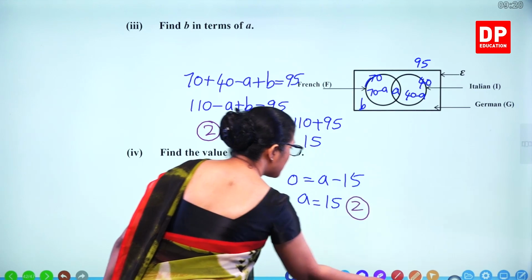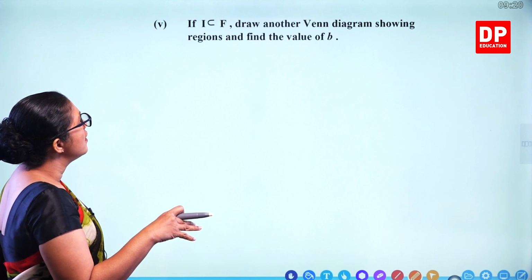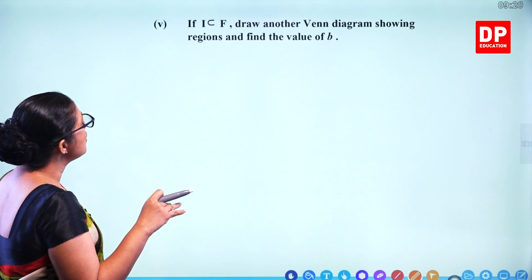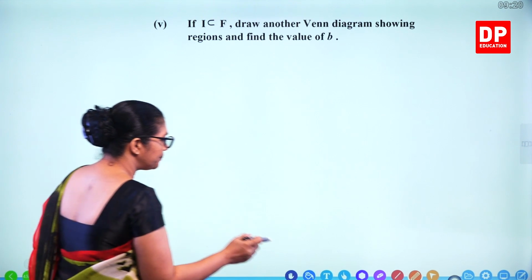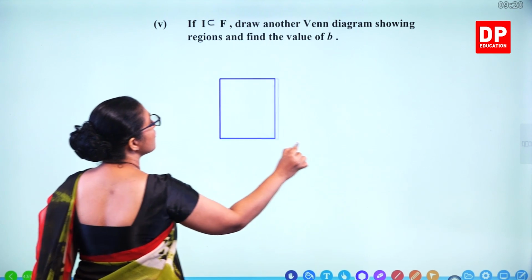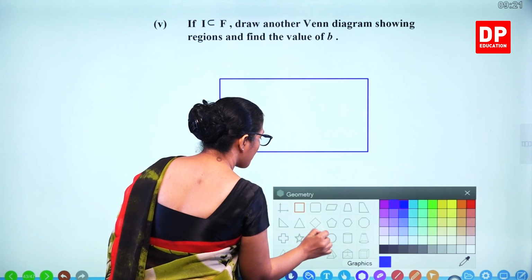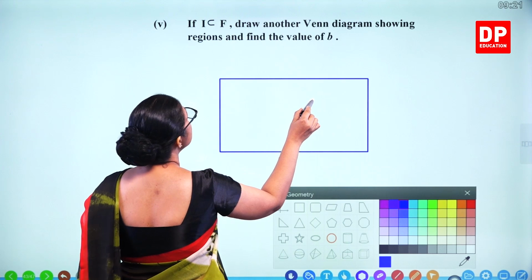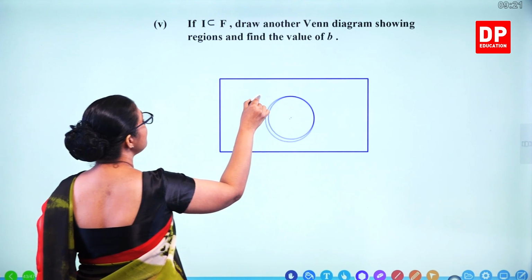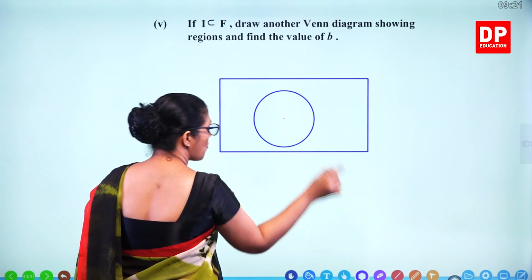We'll take the last part. Part 5. If I is a subset of F, that means all elements in I belong to F. Draw another Venn diagram showing regions and find the value of B. So we'll try to draw that. So I is a subset of F. So that means there should be a small circle.